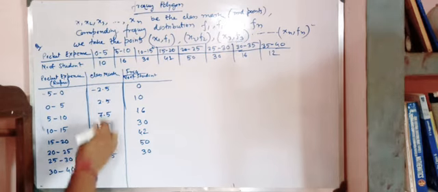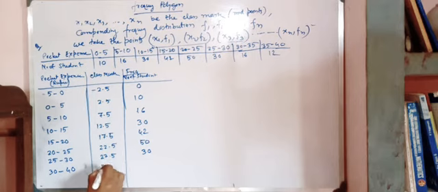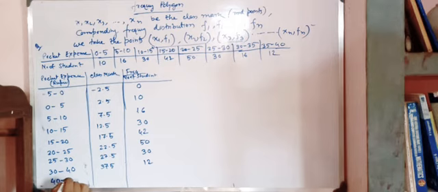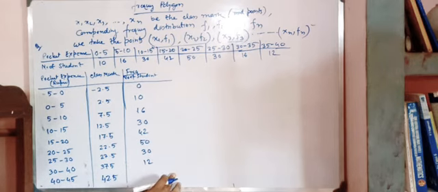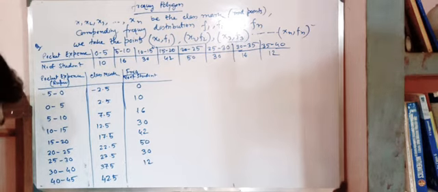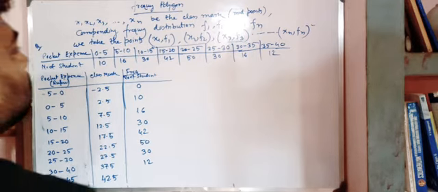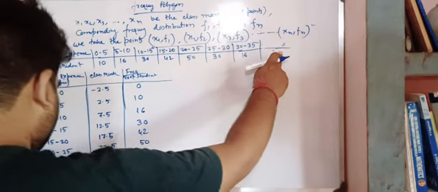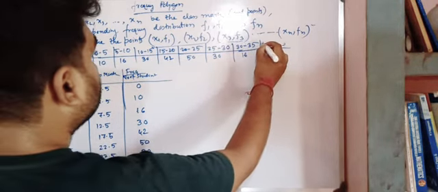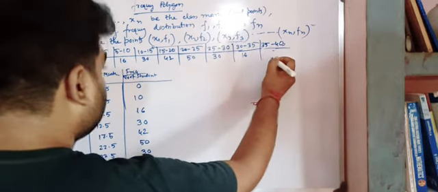Next 30 to 35, class mark 32.5 and frequency 16. Next 35 to 40, class mark 37.5 and this is 12.